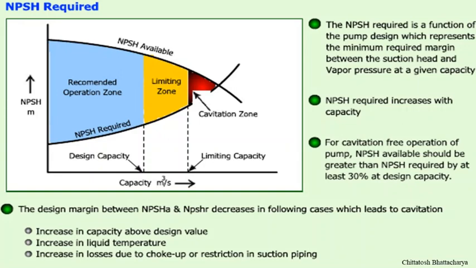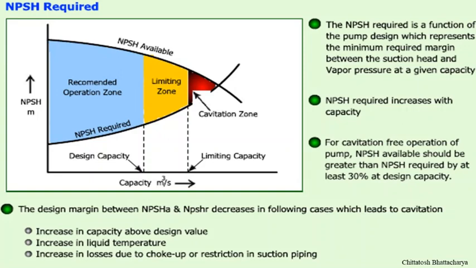For cavitation free operation of pumps, NPSH available must be greater than NPSH required with at least some margin, and this margin is necessary between NPSH available and NPSH required.